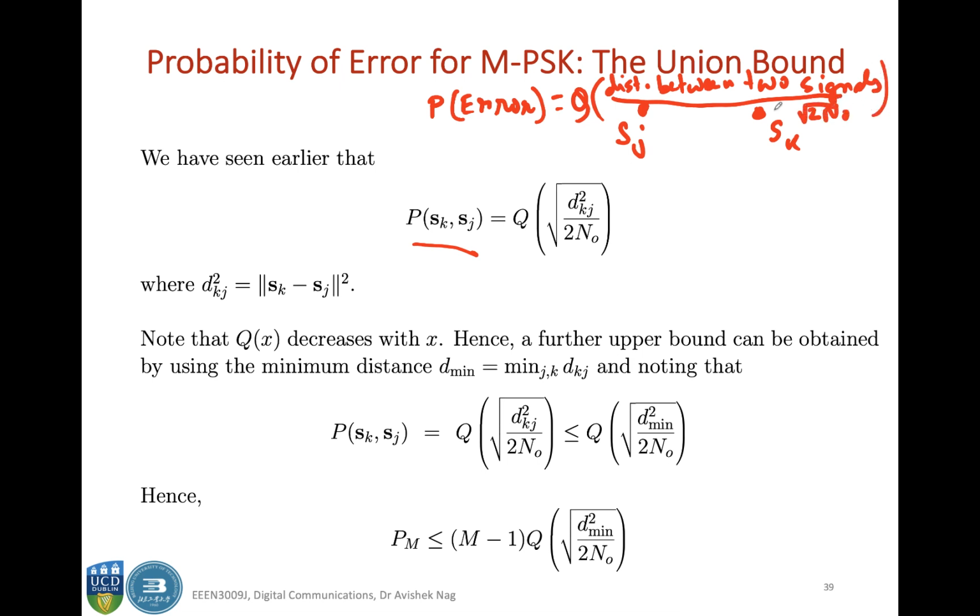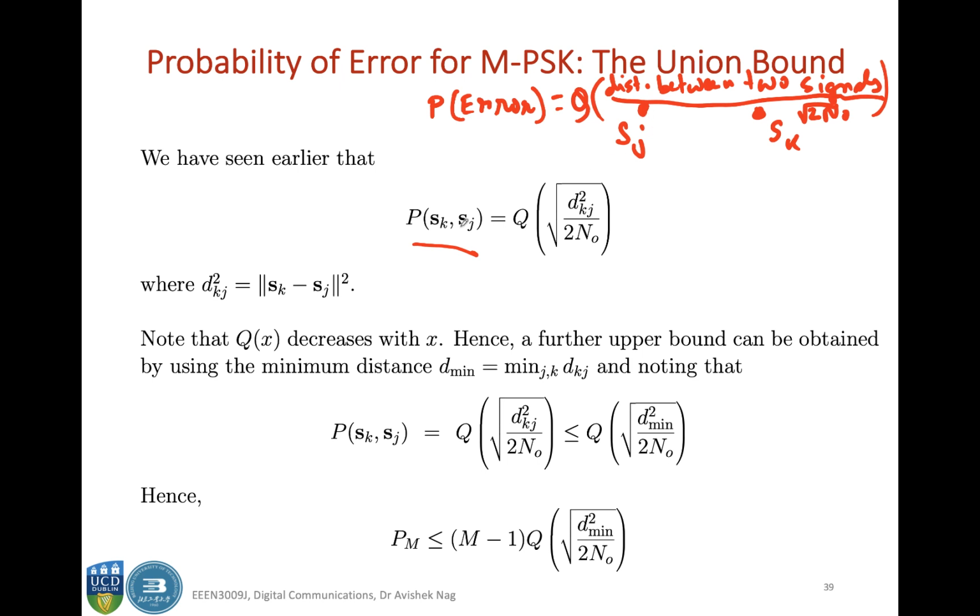Sorry, I said bandwidth, but no, noise RMS power. So the Q function of this ratio gives you the probability of error between the two signals.